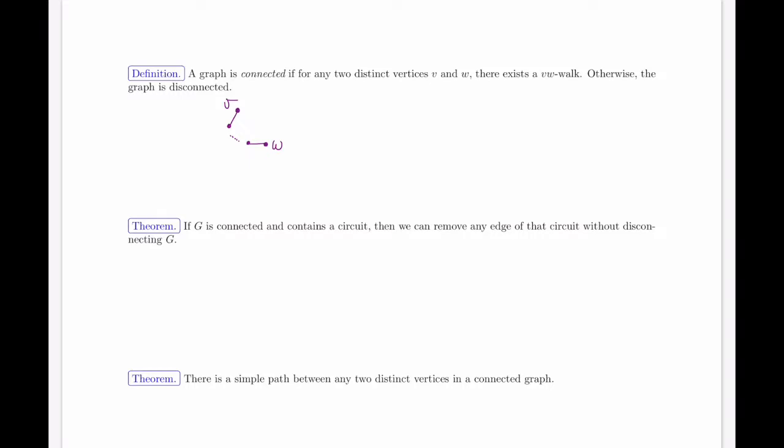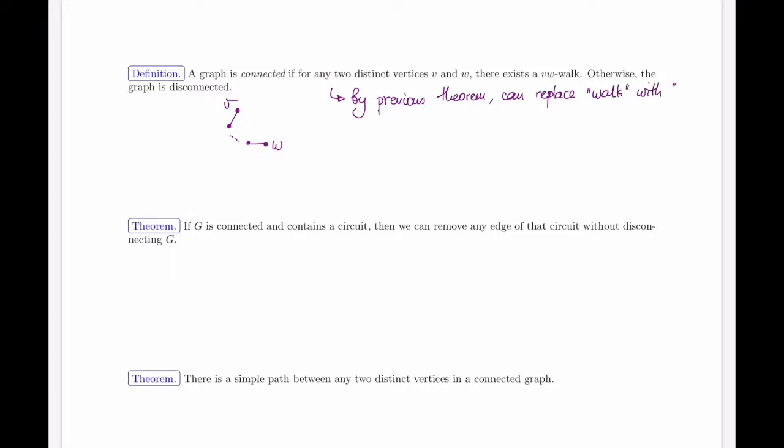Now, the previous result that we have just proven says that if I have a walk between two vertices, then I have a path between two vertices. So, in this definition, by the previous theorem that we have just proven, I can replace the word walk with the word path.